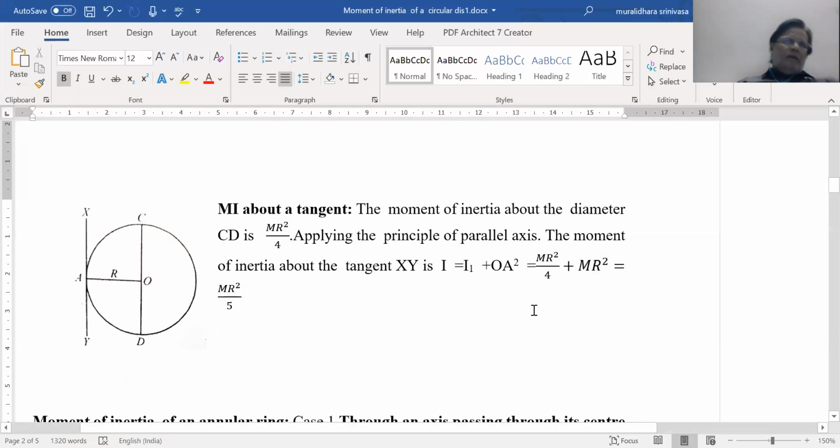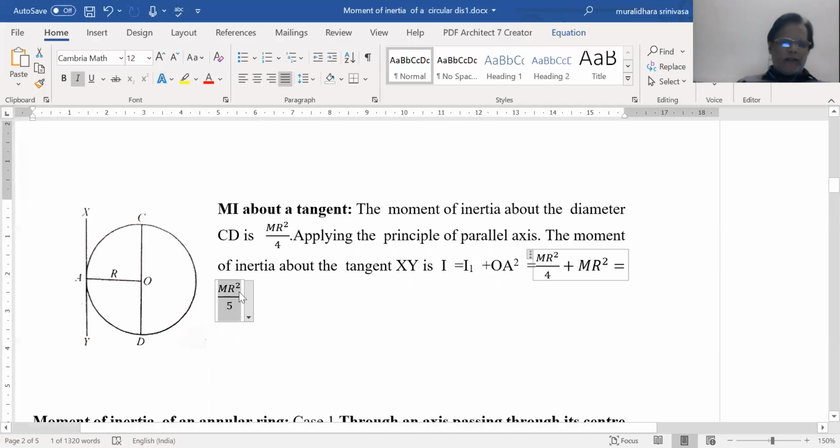So, the moment of inertia about the diameter plus m into the distance of the parallel axis from the center of gravity of the disk. So, this distance is OA. Therefore, mr squared by 4 plus another mr squared leads you to 5 mr squared by 4.